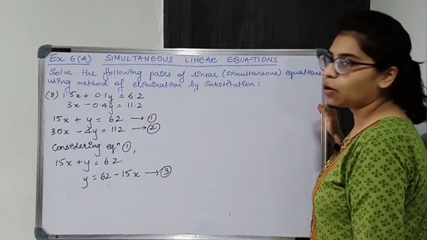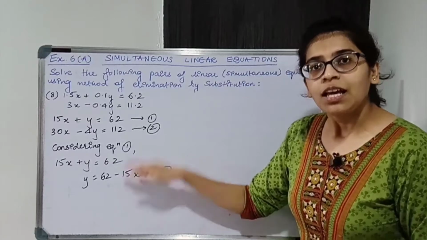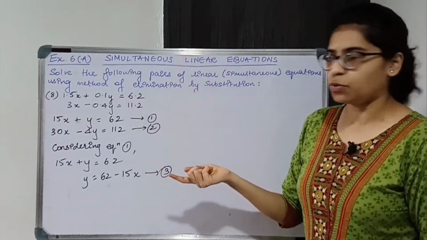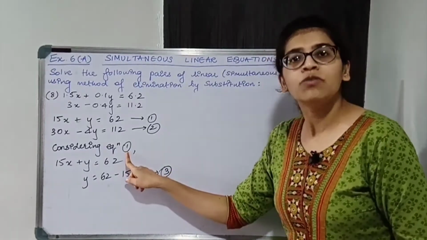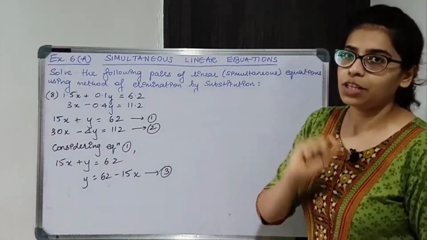Okay, now what we'll do in next step? Substitute this in the other equation. Okay, we'll substitute in the other equation. We had considered equation 1, we'll substitute in equation 2, not the same equation.